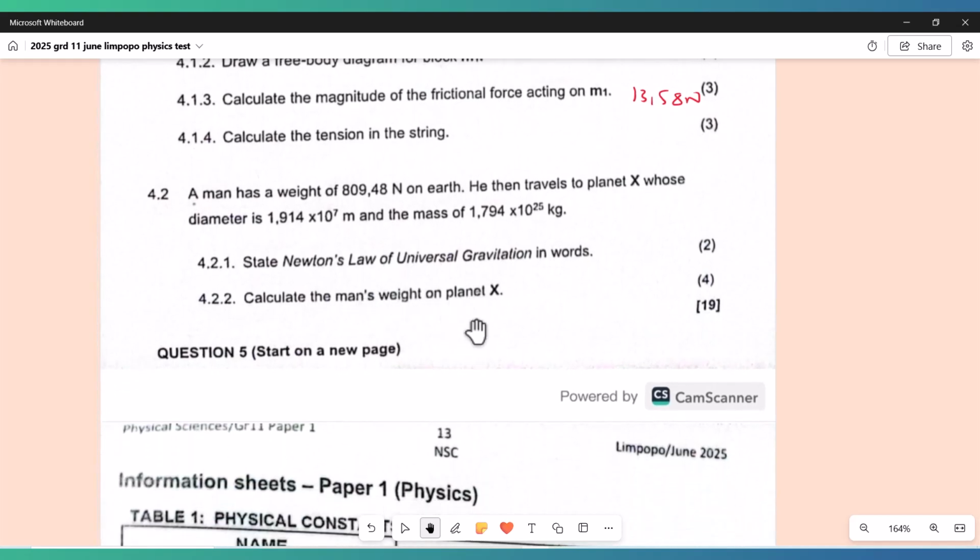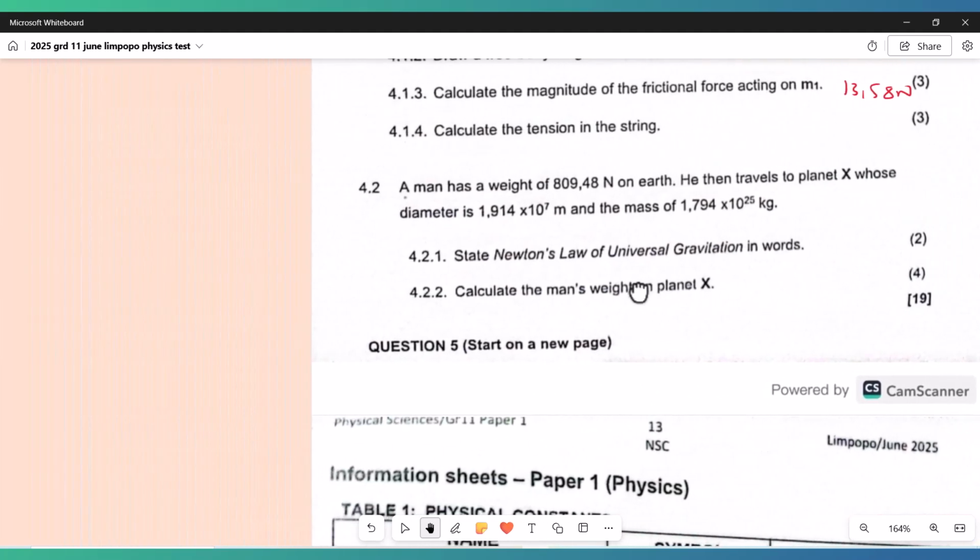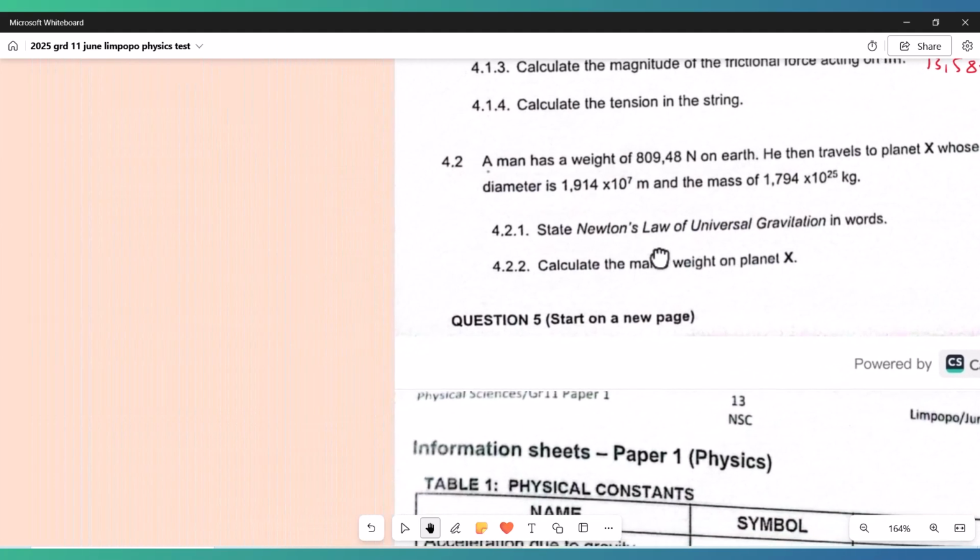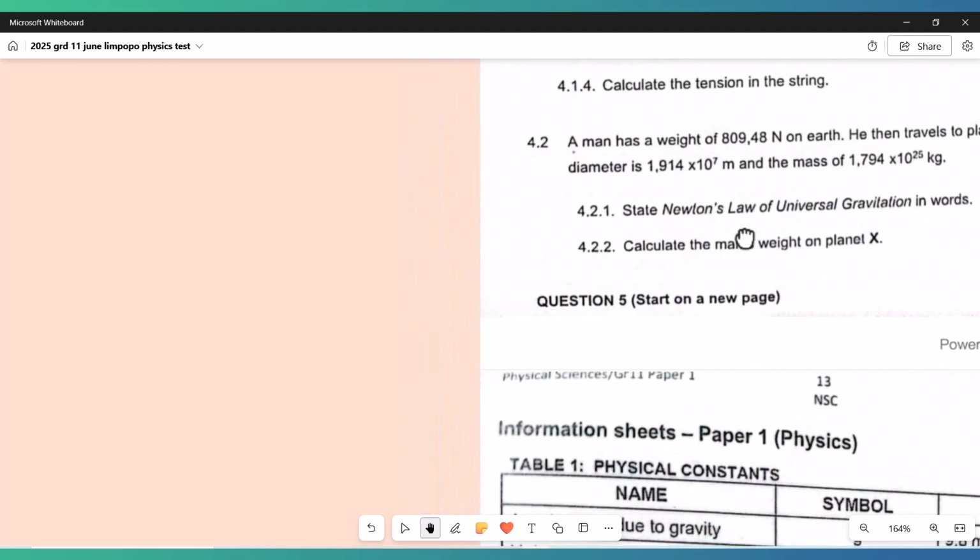Now let's calculate the man's weight on planet X. What do we know? To get the weight on Earth, it equals the mass of the man times gravity. The weight on the Earth is 809,48. The mass we don't know, times 9,8.